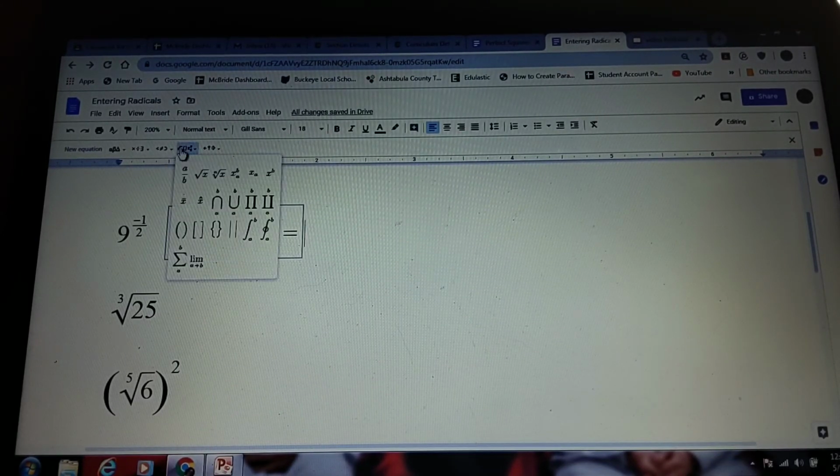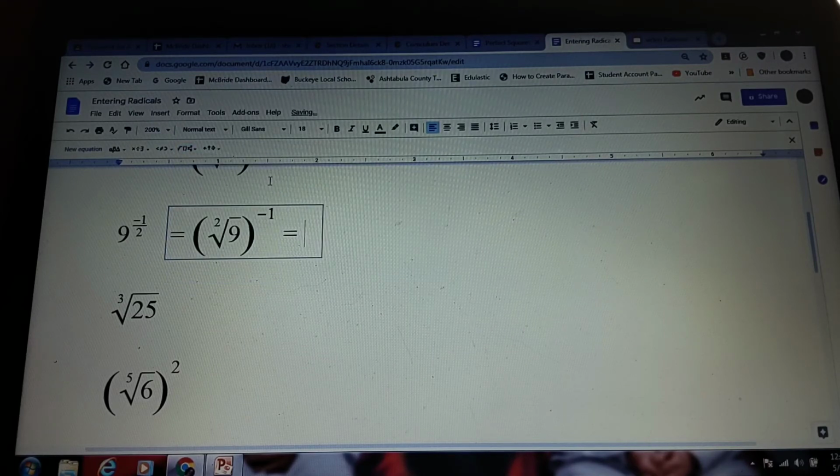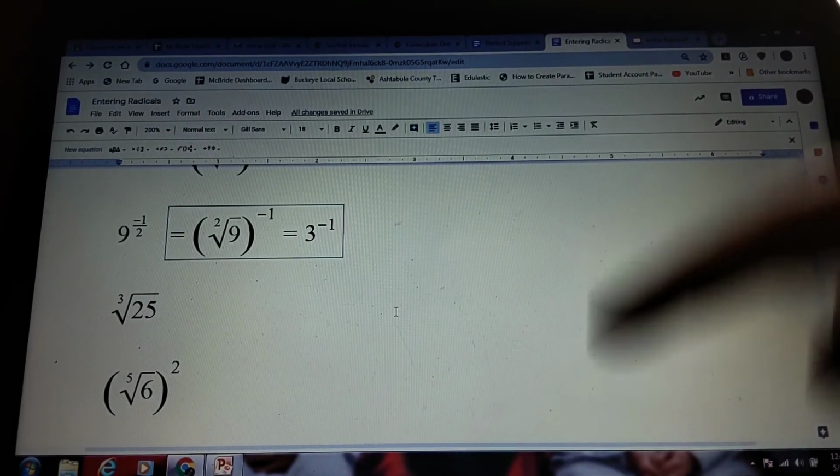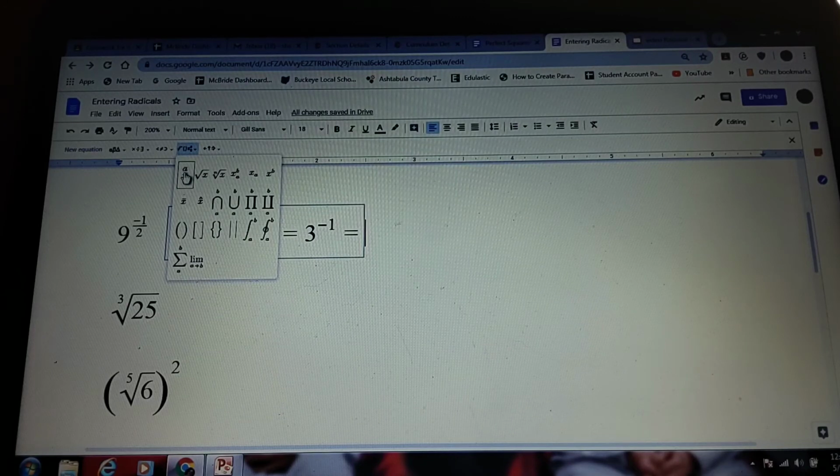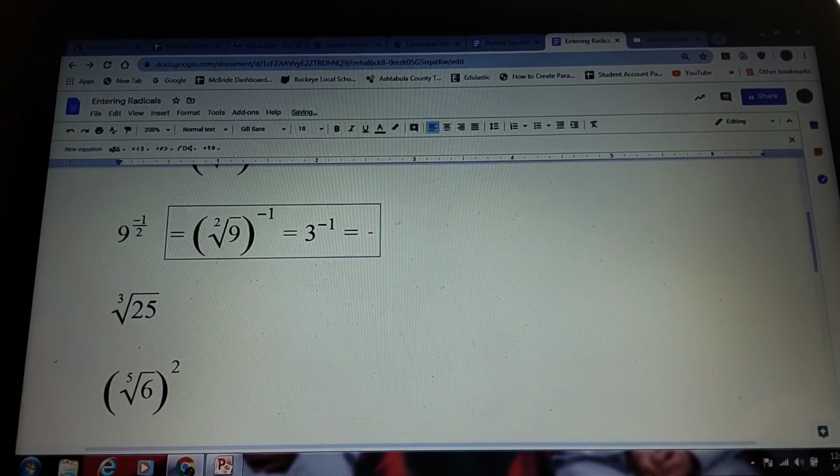Up to your math toolbar. X to the B. Square root of 9 is 3. Right arrow over, -1. Right arrow over, equals. Now, I have to use the reciprocal of 3. So up to my math toolbar, choose A over B, and 1 goes on top.